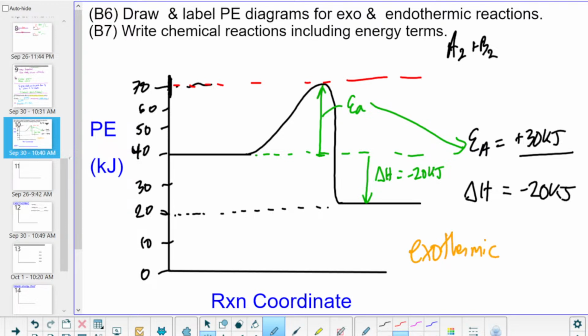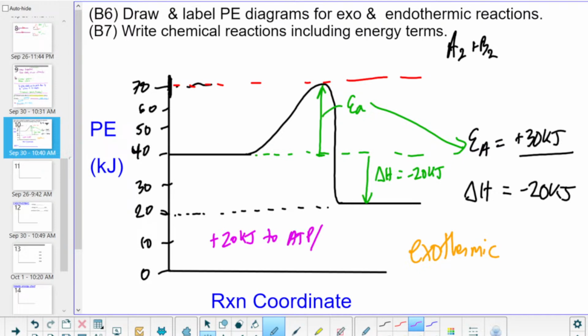Because as we know from last year, it dropped in energy. So that went from potential energy. Where did that energy go? It went into the environment. As what type of energy? Someone said ATP. That it could be if this is in a mitochondria. Sure.